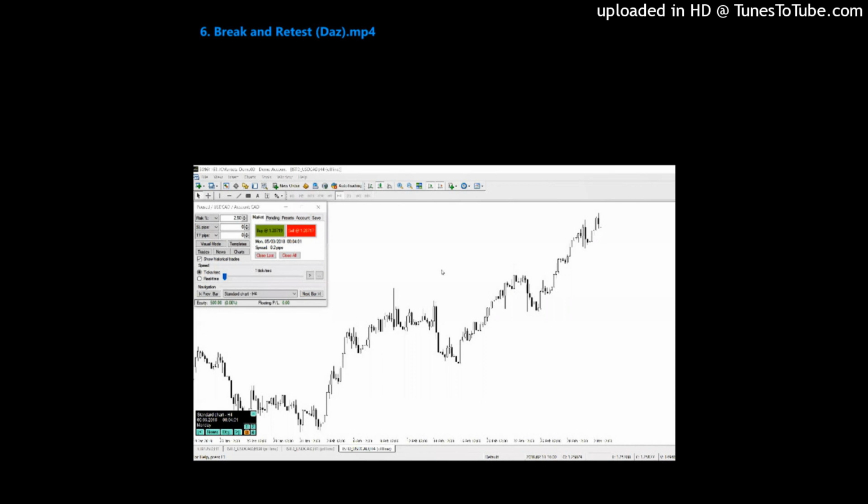Remember, what we're trying to do is just stick to clean price action. Okay. Action wick here.